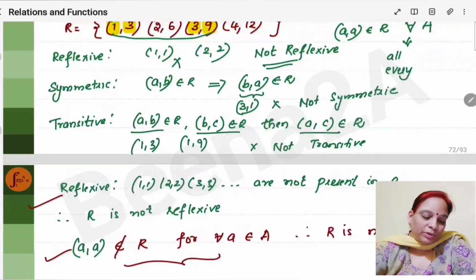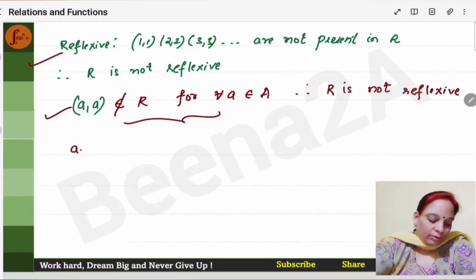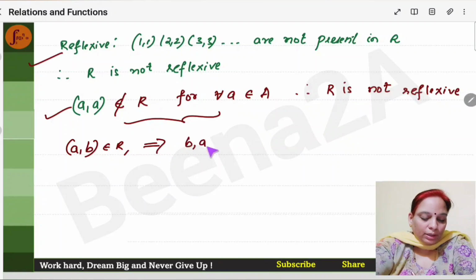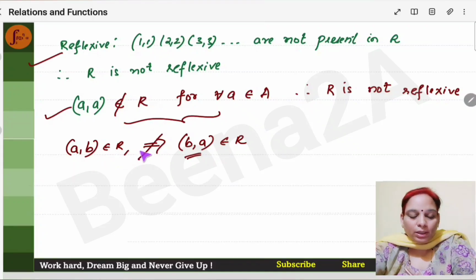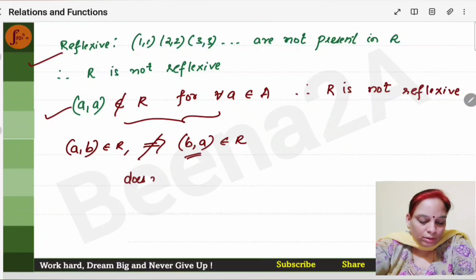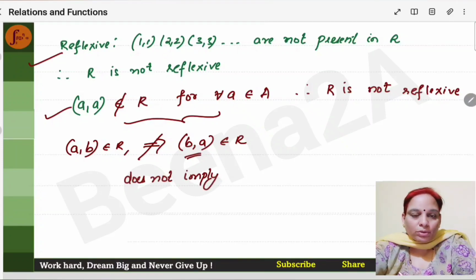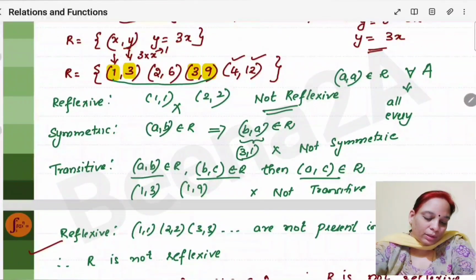Now, for symmetric, how will you write? You'll write AB belongs to R implies that BA belongs to R, right? But here, BA does not belong to R. So, it does not imply, right? AB belongs to R does not imply that BA belongs to R, right? This example.